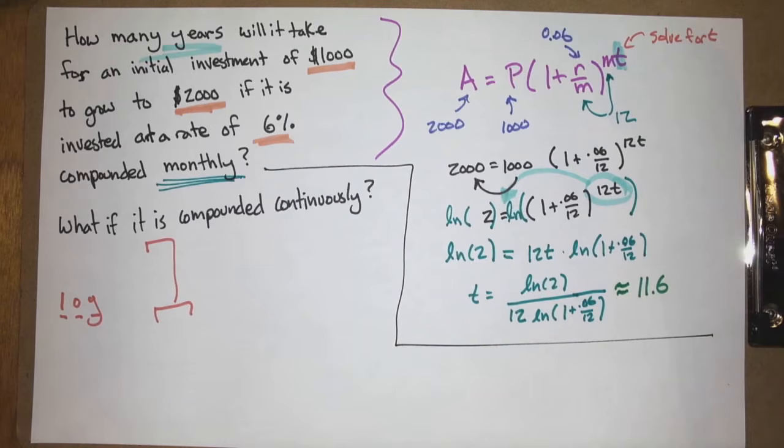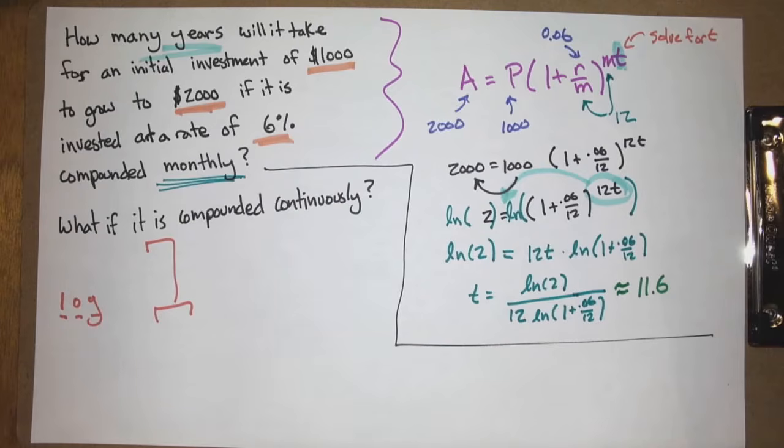All right. So, what if it's compounded continuously? Well, let's think about the answer. Prediction. Let's make a prediction. Should it be bigger or smaller than 11.6? And why? So bigger or smaller? That's the first question.